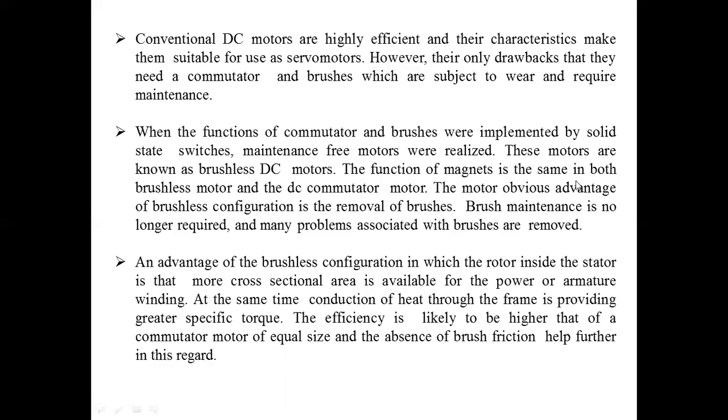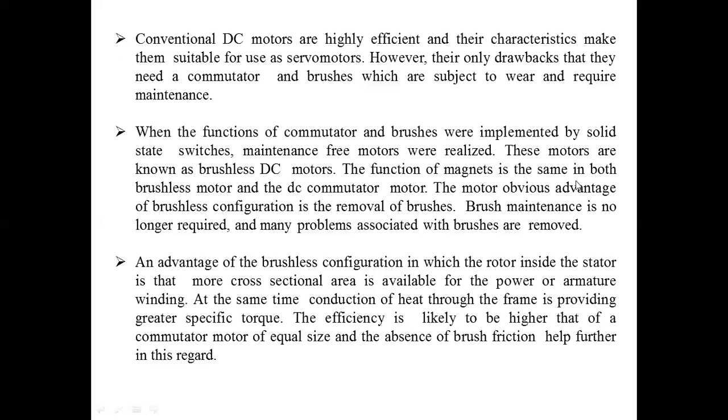Normal DC motors have a commutator and brushes, and copper winding is used in the field winding and also the armature.